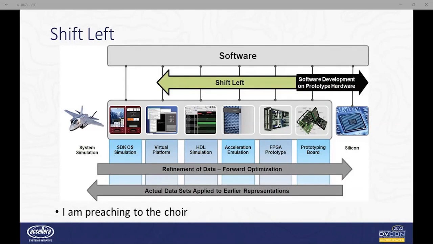One side effect of shifting left is we see more bugs. The more you shift left, the less stable the RTL. Sometimes the emulation tests even see the RTL bugs before the simulation. Well, the emulator runs a lot faster than the simulator.